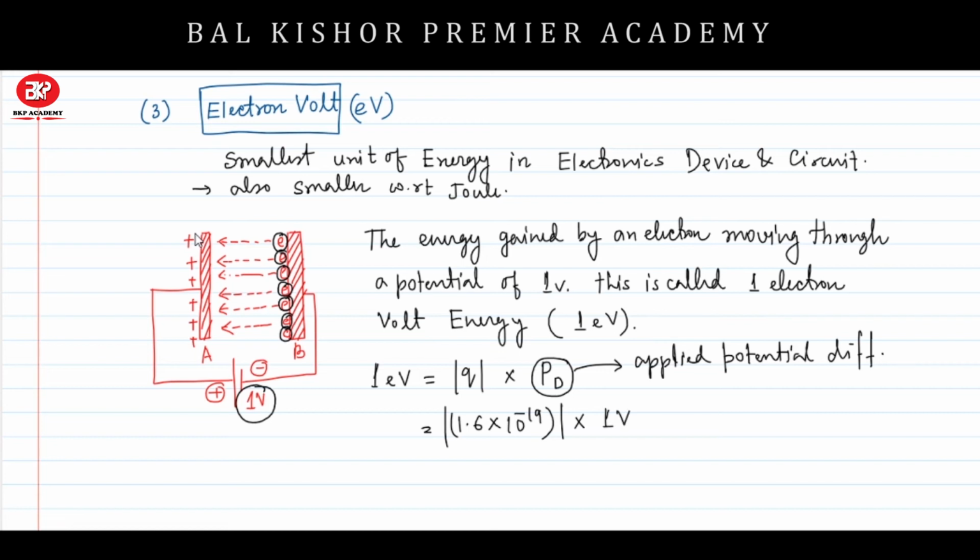So after calculation we will get 1.6 into 10 to the power minus 19 coulomb volt. This coulomb volt unit is nothing but 1.6 into 10 to the power minus 19 joule.